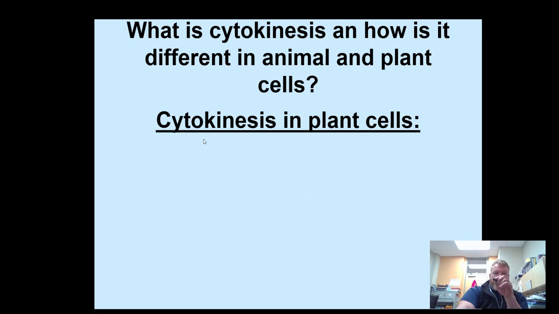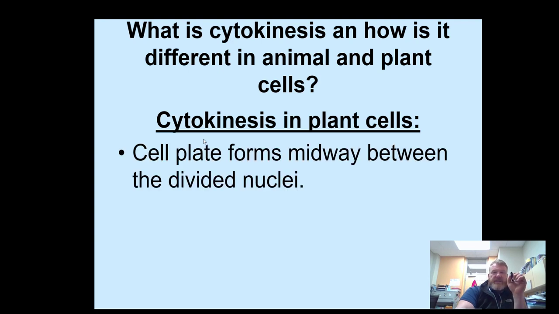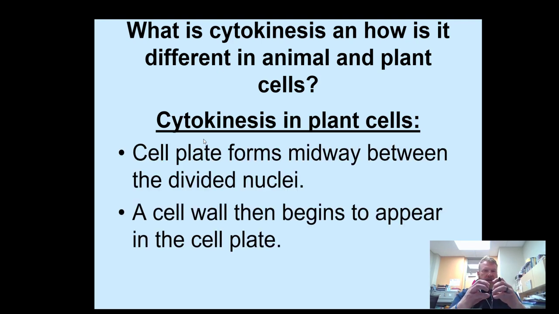Now, the difference between cytokinesis in plant cells and in animal cells is that animal cells pull apart and become 2 new cells. But in plant cells, so here's my cell, here I have all my chromosomes over here now, and all my chromosomes over here now. Well, due to the cell wall, they can't really pinch apart.